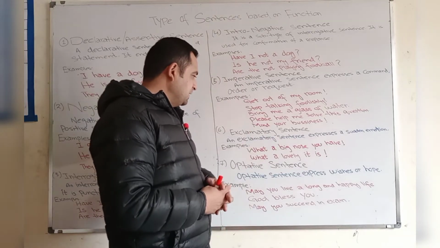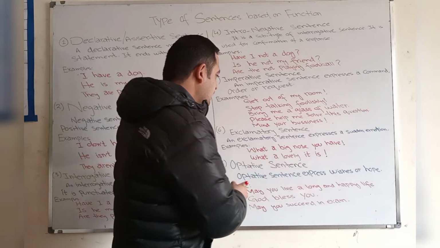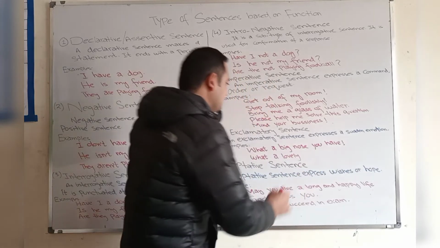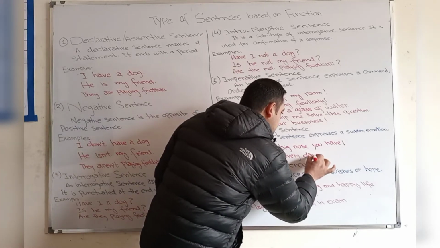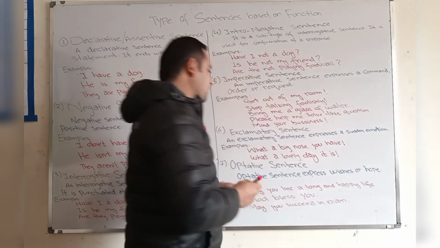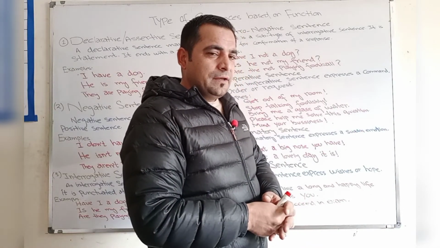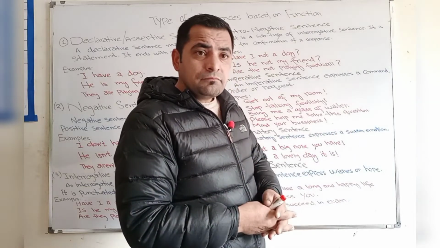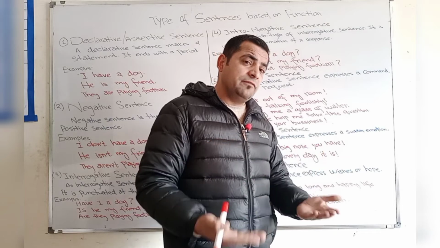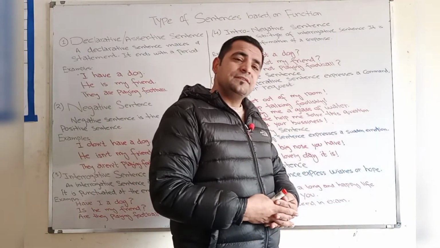Let me give you another example. What a lovely... there is something wrong here. Let me rectify it. What a lovely day it is! Let's say that one fine morning, you get up and you've just removed the curtain and you look outside and it's really lovely weather, and you say, "Wow, what a lovely day it is," right?